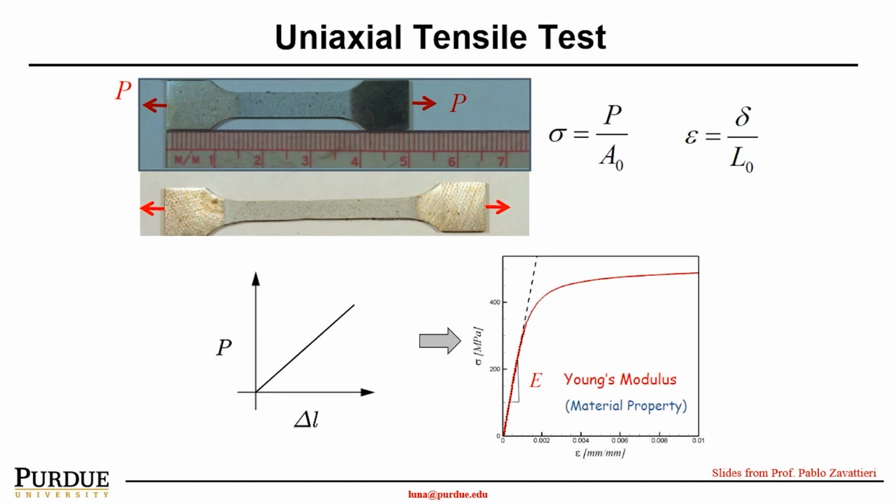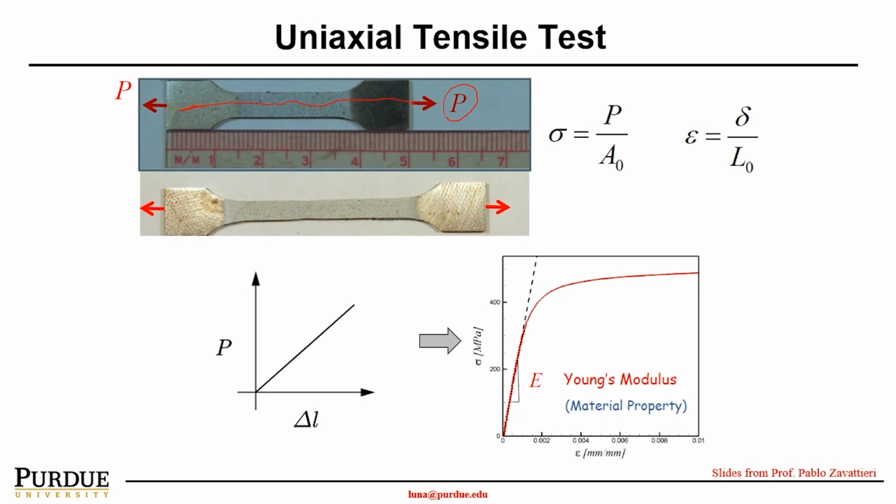First, let's recall the concept of uniaxial tensile testing. Uniaxial tensile testing applies a uniaxial tensile load along the x-axis of the testing sample, as shown here in this dog bone testing coupon. As we see, when we apply a load P, we extend the length of the original coupon from 5 centimeters to 6.5 centimeters.